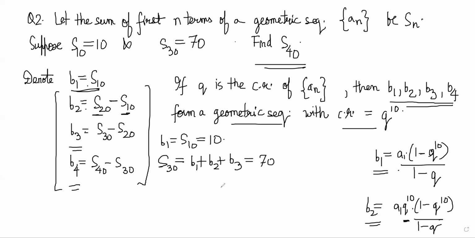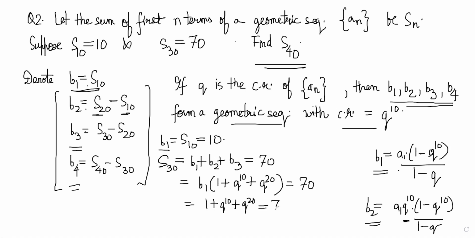So that must be equal to B1 times 1 plus Q power 10 plus Q power 20, and this is equal to 70. And we know B1 is 10. So we have 1 plus Q power 10 plus Q power 20 is equal to 7, right?